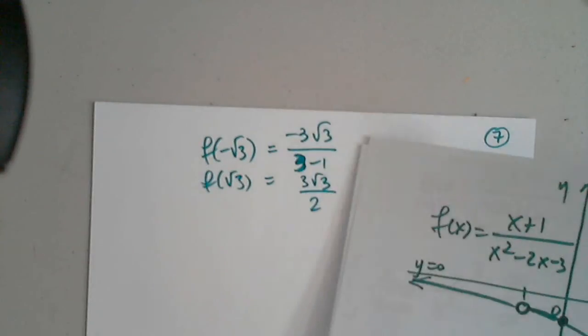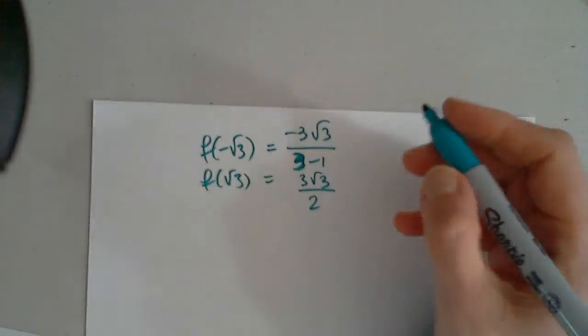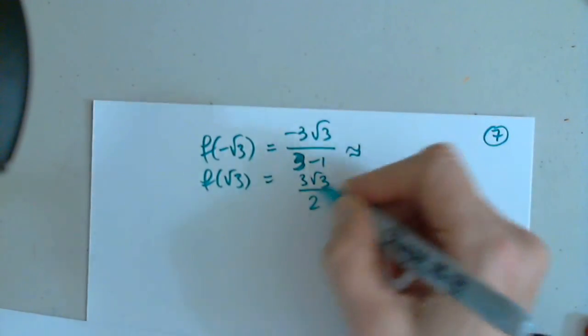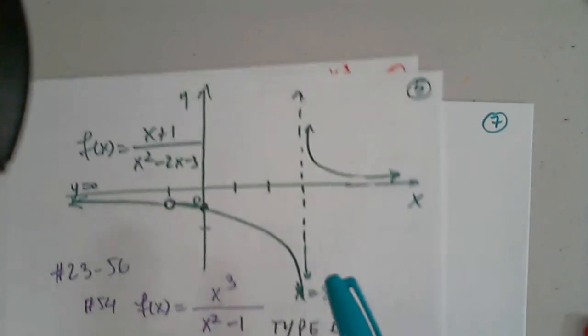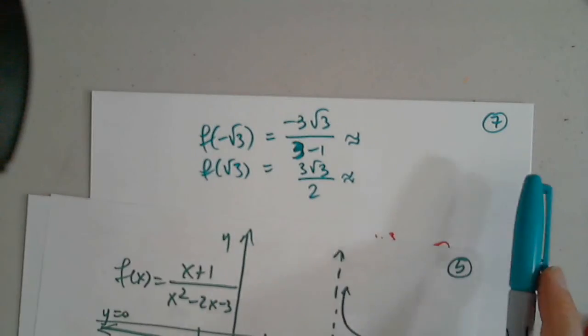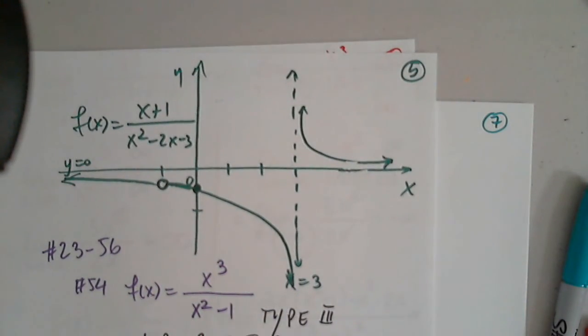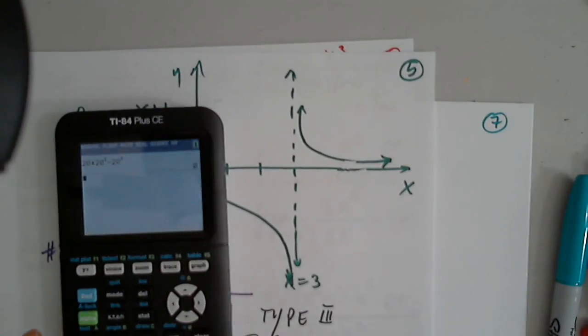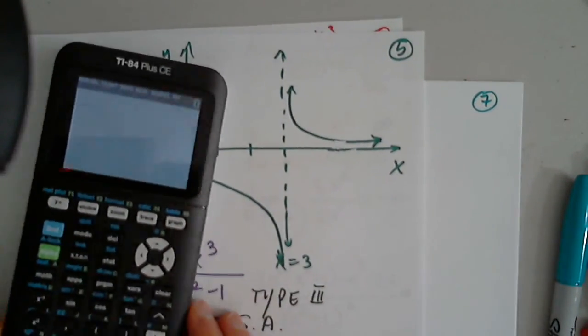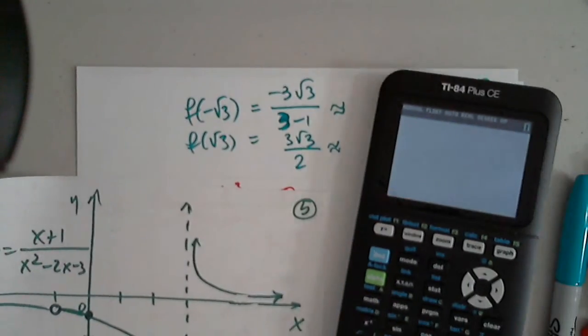I have to approximate this a little bit. I mean, a little bit. I have to approximate it because I don't know how much it is. So 3 minus 1 is 2, but this is 3 the square root of 3. I can share my screen, but it's the same thing. This is just a number that I need to get.